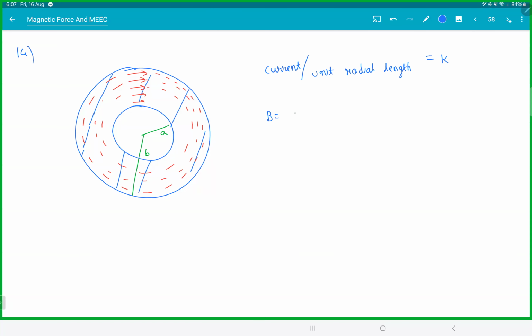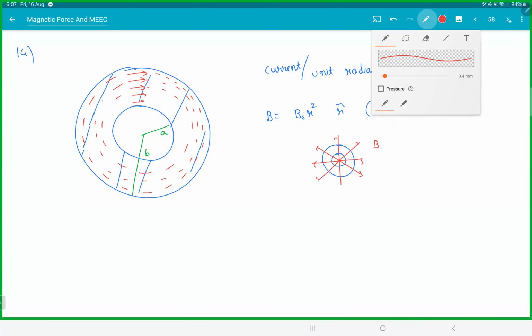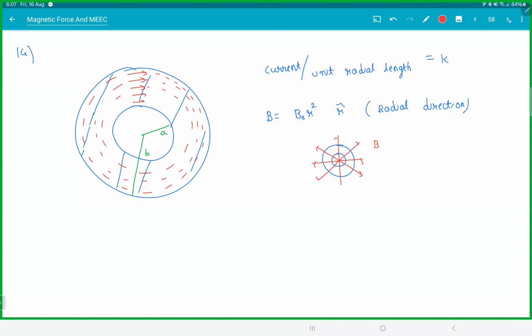And we have a magnetic field which is equal to B naught r squared, r cap meaning radial direction. The field is going like this. Find the force on the disk.